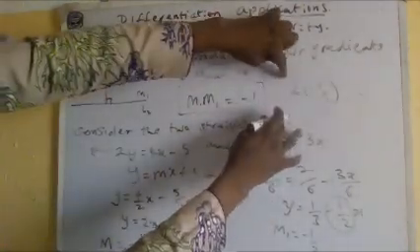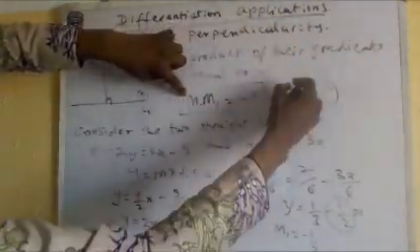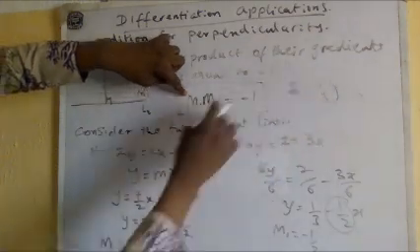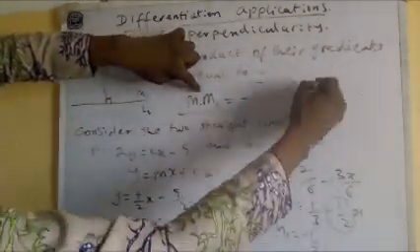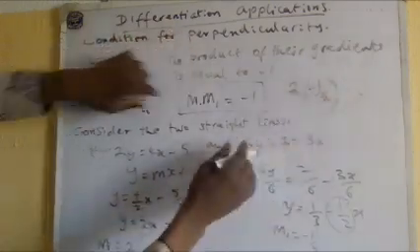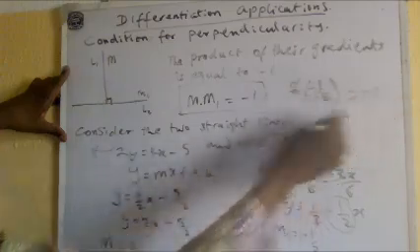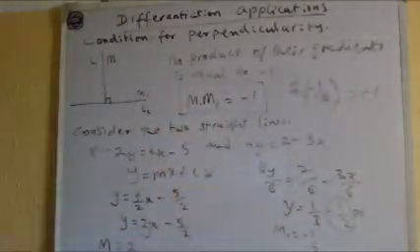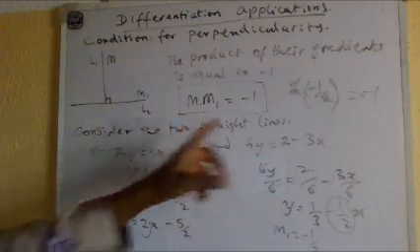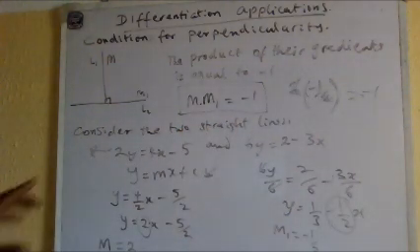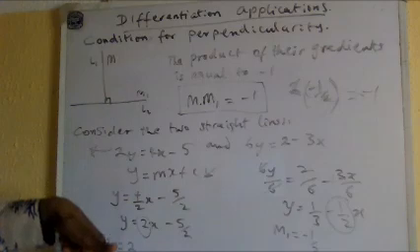So this m here is 2, and this one is minus 1 over 2. When this cancels out, 2 cancels this, what I have left is minus 1. So this condition is satisfied, which means that these two lines are perpendicular. The only way you can know is when you go through this process to test it.